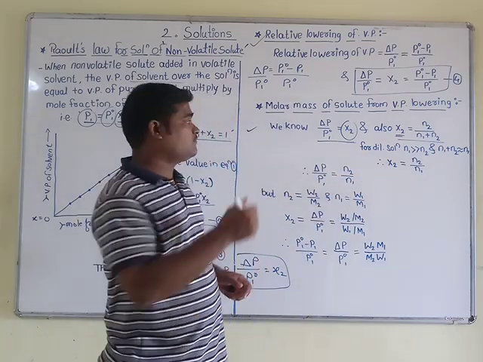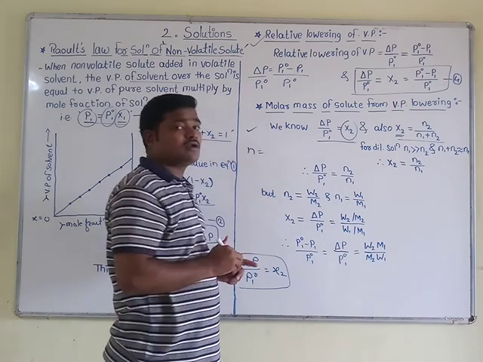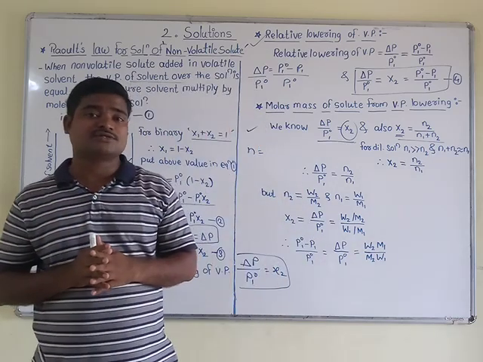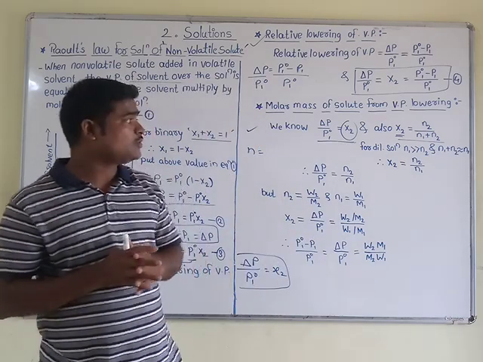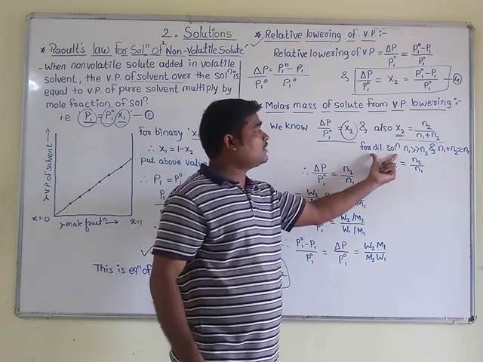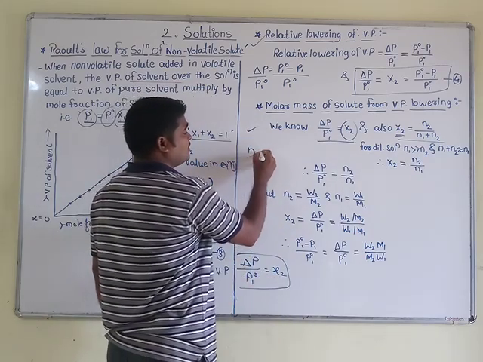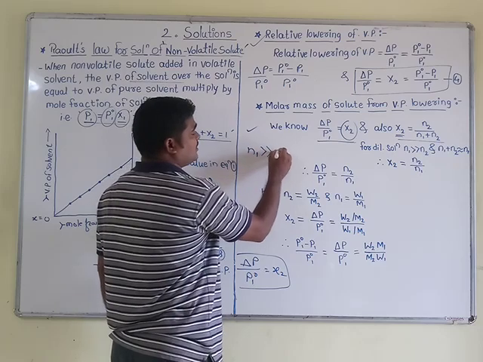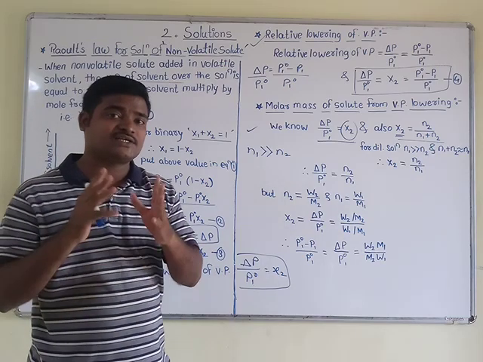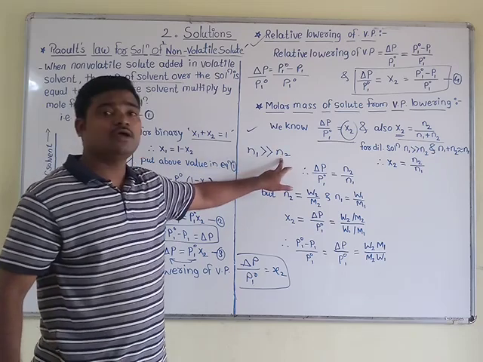For determination of the value of N, you first have to take into account whether the solution is dilute or concentrated. Here we are determining for dilute solutions. For dilute solutions, the number of moles of solvent is more than that of the solute. As we call it a dilute solution, the N1 value is greater than the N2 value.